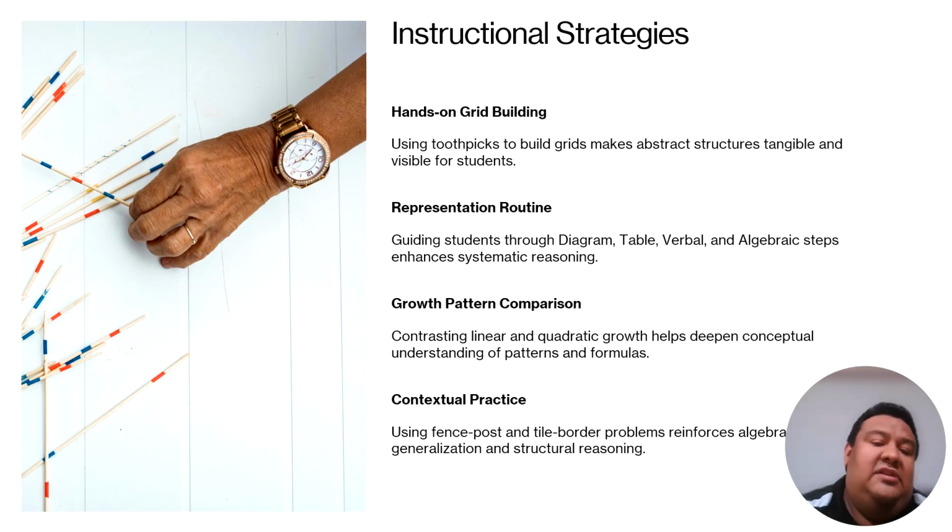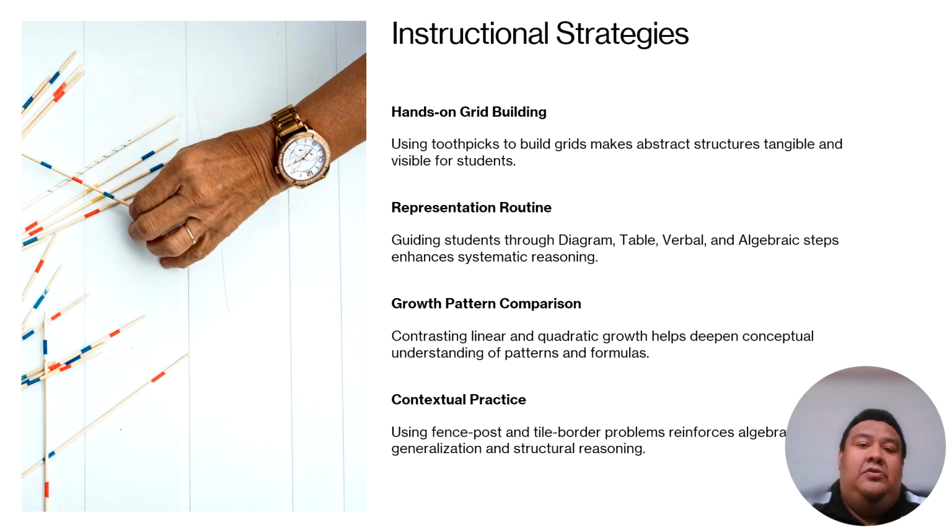Emphasizing rows, columns, and the n plus 1 lines in each direction helps our students see why the rule T of n equals 2n times (n plus 1) works. Additionally, contrasting linear and quadratic growth patterns and providing sentence frames for justification would definitely strengthen our conceptual understanding.